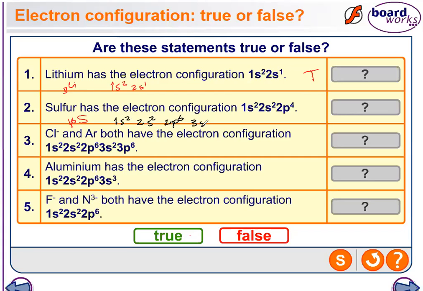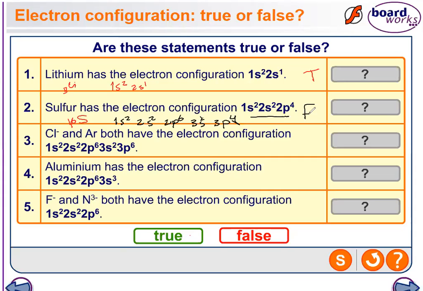So 3s2, then 3p4. Yes, 4. Okay. So is it the same here? No. So that's false, of course. Okay, good.